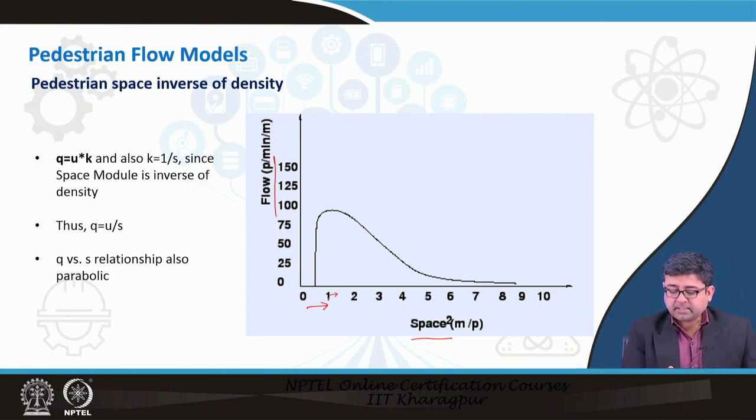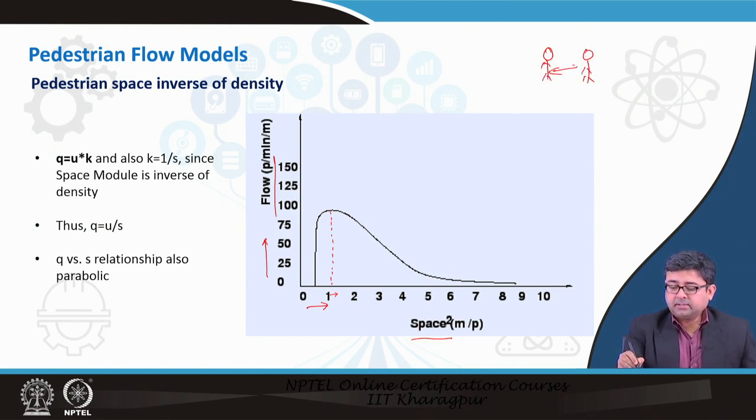So, as the space increases, the flow also increases, but the increase is only up to a certain point. The increase is maybe just about 1.1 square meters per person. After that, if you keep on giving more space for people, hypothetically, space is the distance between one person and the next person.